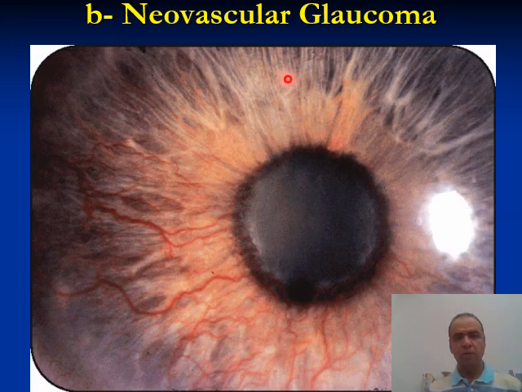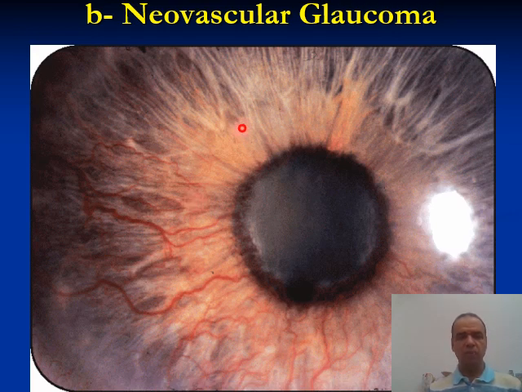Neovascular glaucoma is the second type of secondary glaucoma, and by examination of the anterior segment you can see abnormal blood vessels on the surface of the iris, which is called rubeosis iridis. Presence of rubeosis iridis indicates retinal ischemia and release of vascular endothelial growth factor. We have many causes for ischemia to the retina and then neovascular glaucoma.